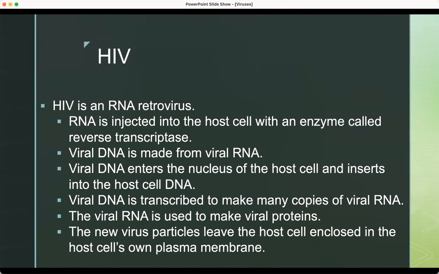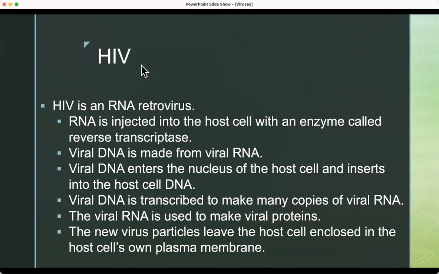And what happened is a long time ago, I can't remember when it was, like mid 1900s, because humans were consuming primates, the SIV entered the human body and mutated to a form that is easy to spread between humans. So that is how we got HIV.